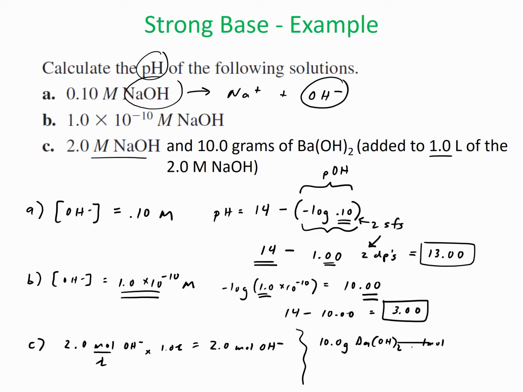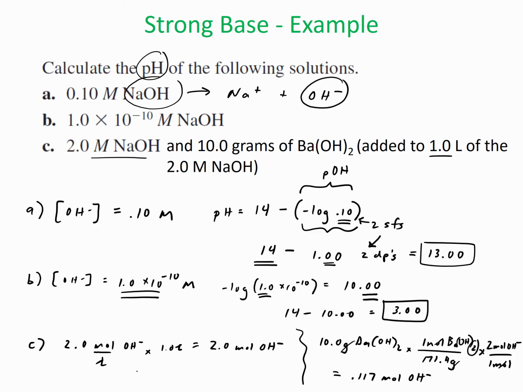So 1 mole of Ba(OH)2 is 171.4 grams, and this is going to generate 2 OH- per mole of compound. What did I get for this? I got 0.117 moles of OH- from this.